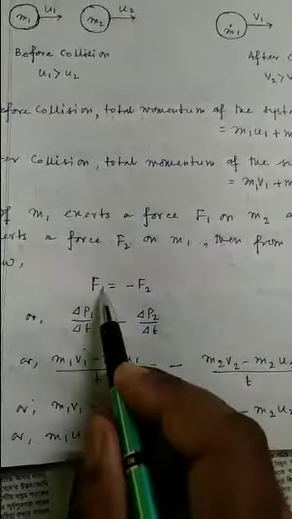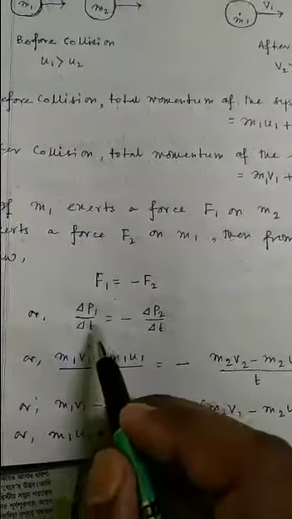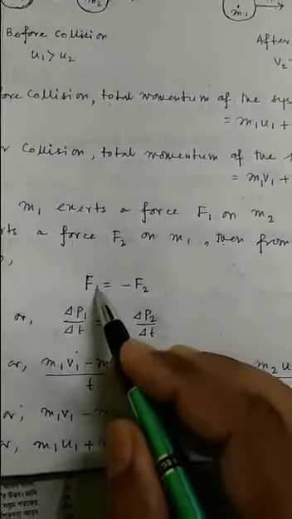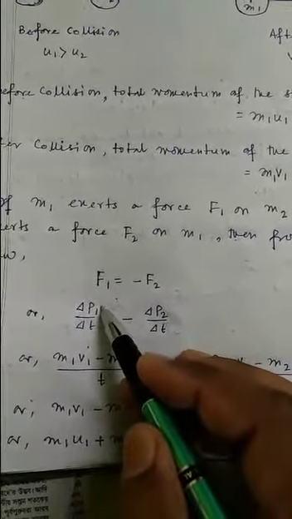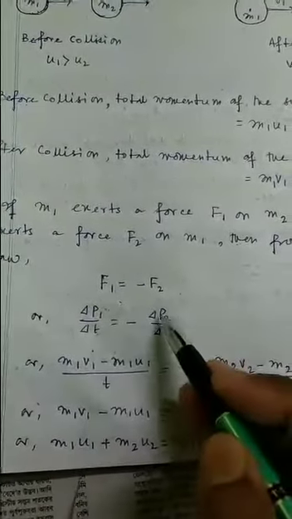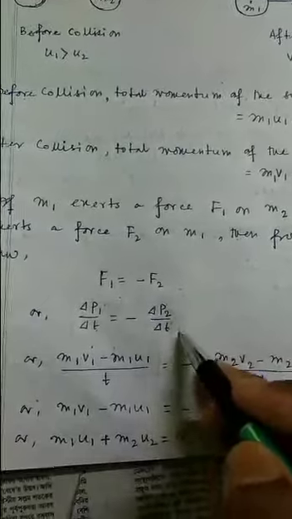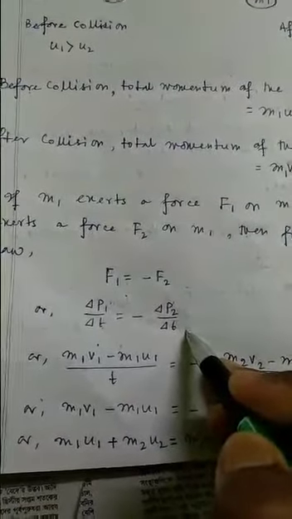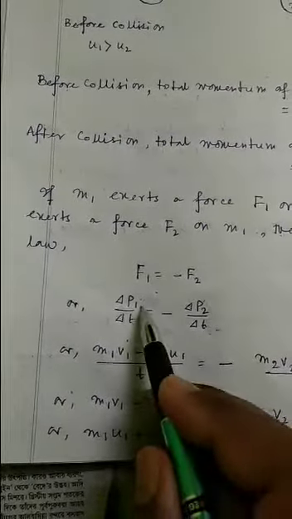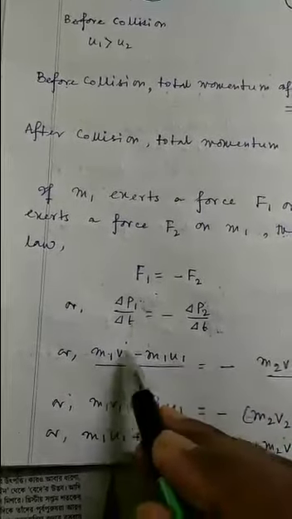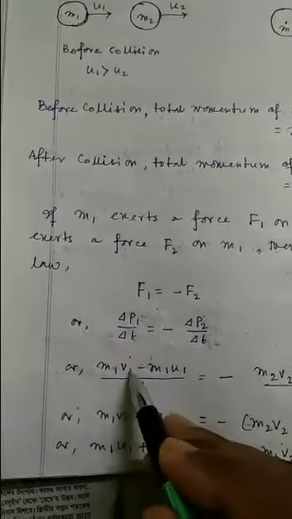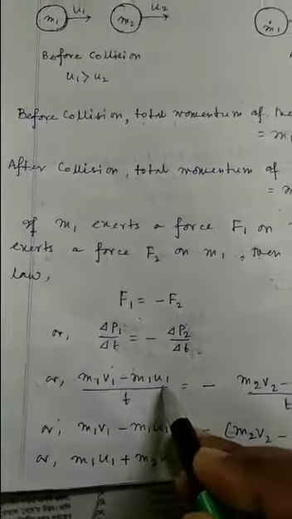And you know force is the rate of change of linear momentum, Newton's second law. So F1 is the change in momentum of the body m1 per time, delta P by delta T. Delta P, that is the change in momentum of body 1, m1, is m1v1 minus m1u1.